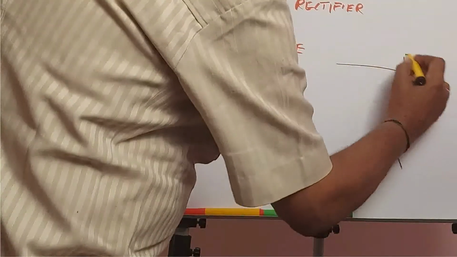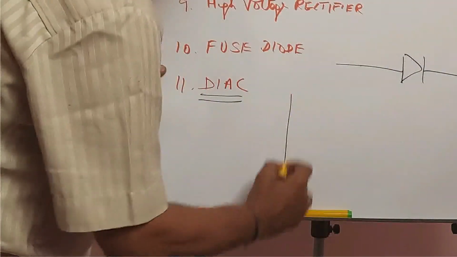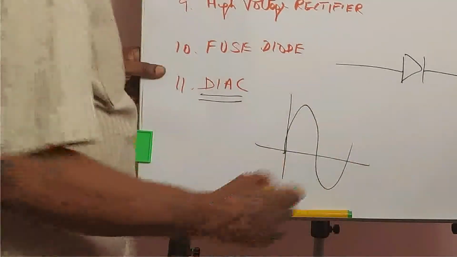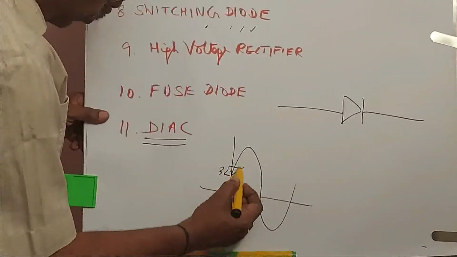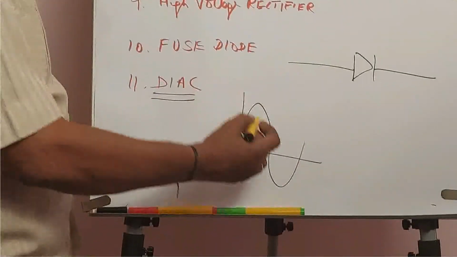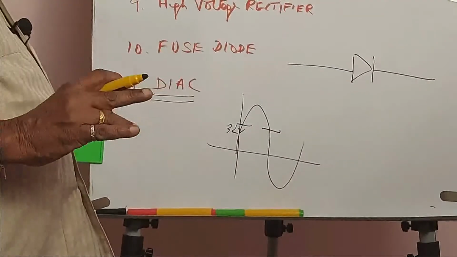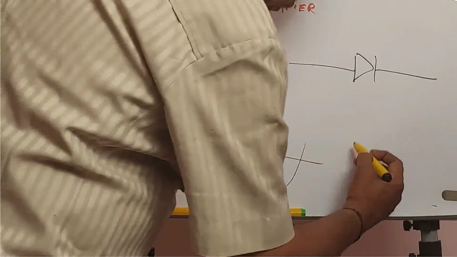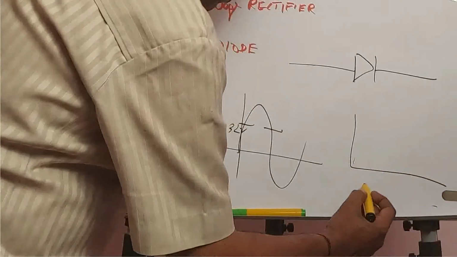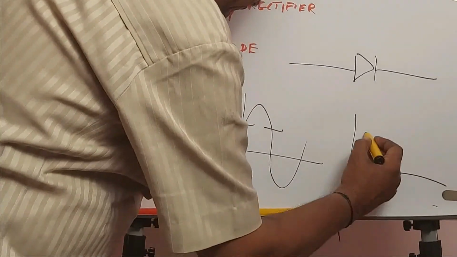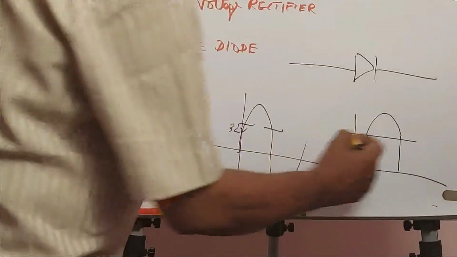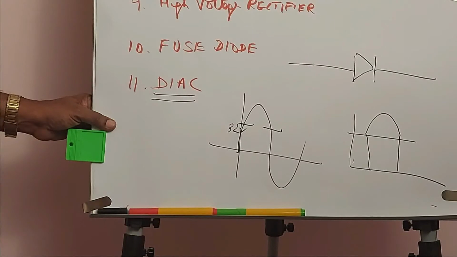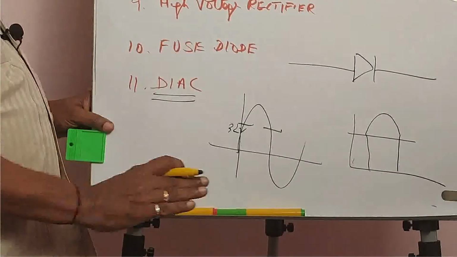Therefore, when you apply an alternating voltage, this will conduct only when you reach 32 volts. Beyond that it will conduct; less than that it will be switched off and the output voltage is going to be 0.